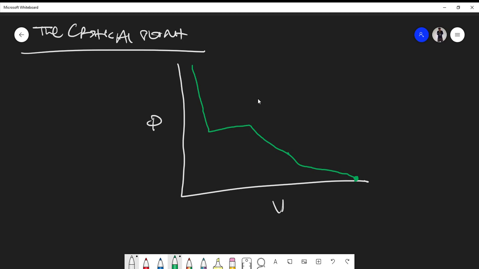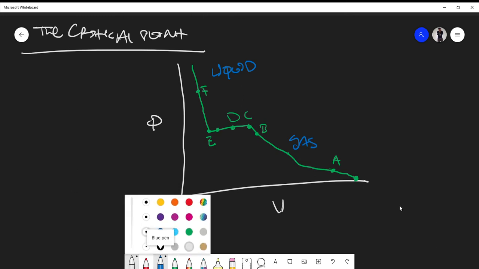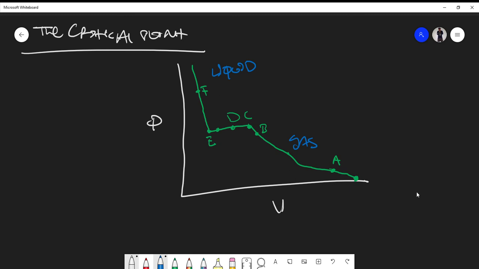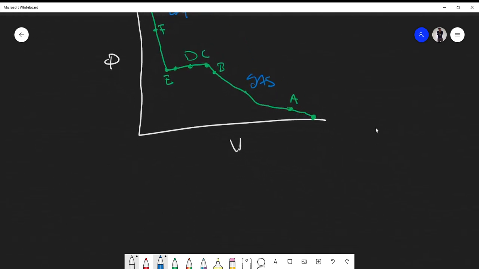We could say that this is A, this is point B, this is point C, this is D, this is point E, and this is F. And at this point, we have liquid, whereas at this point we have gas. Right? So let's talk about what these points mean.